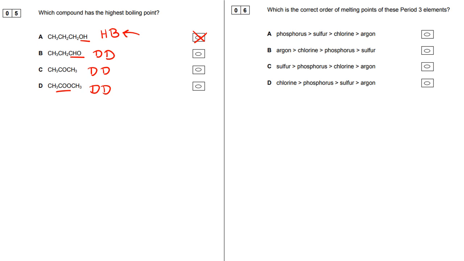For question number 6, we're looking at the melting points of the period 3 elements. So this is from the periodicity topic. These are all molecular structures apart from argon, which is monatomic. So you may remember the graph.